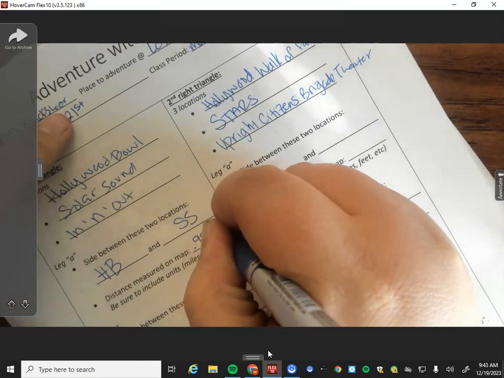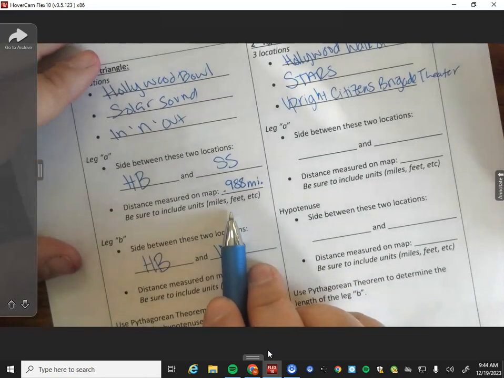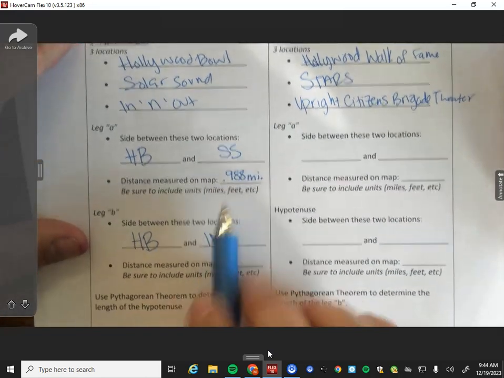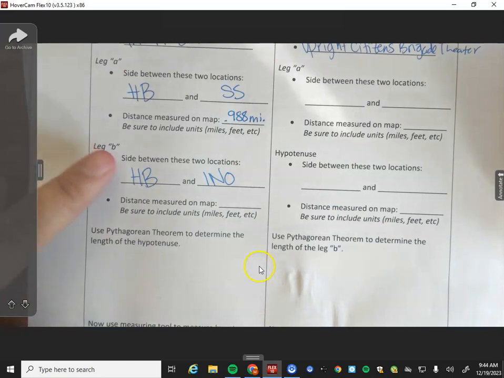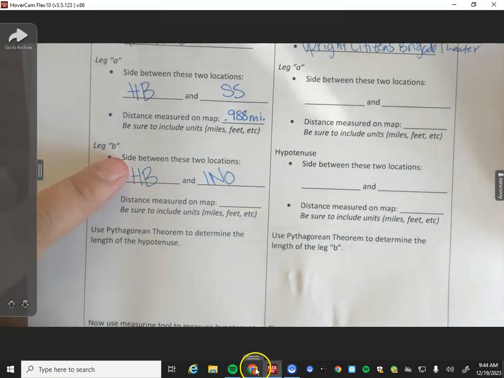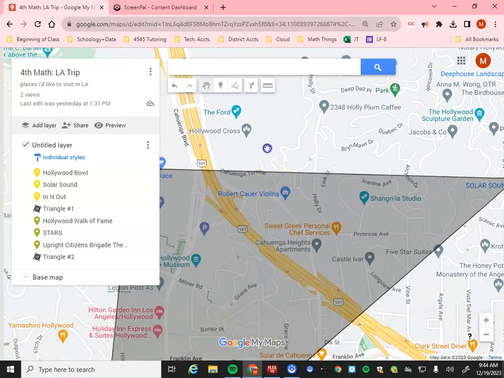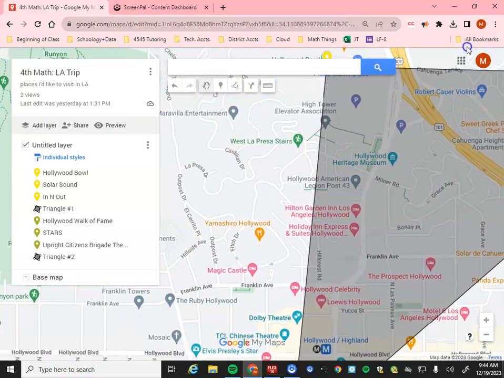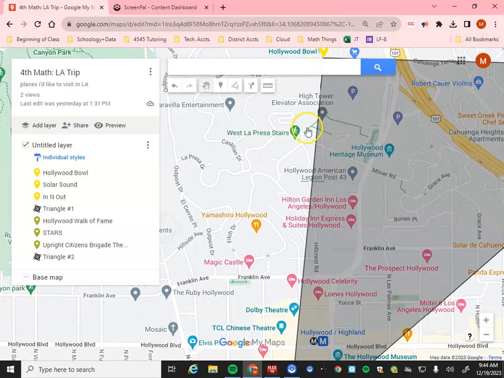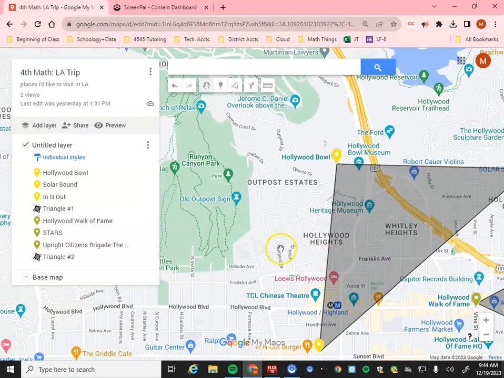If you have locations that are really, really close together, it might measure in feet. So you're going to have to make sure you're paying attention to that. Now I want to measure the other leg, Hollywood Bowl to In and Out. If you click on the ruler icon, it'll get rid of the ruler. And then click on the hand icon and it'll let you move your map again. So I need to zoom out a tiny bit.